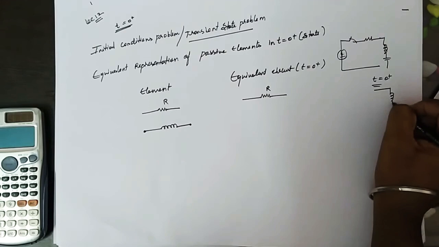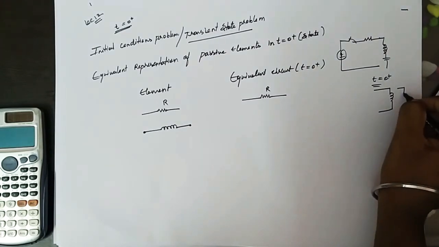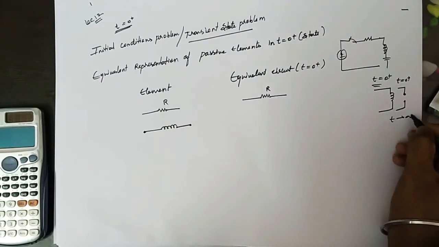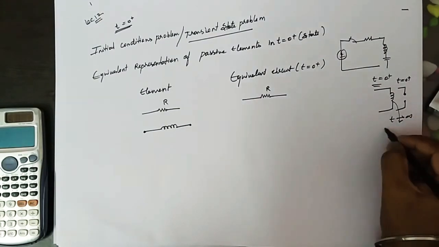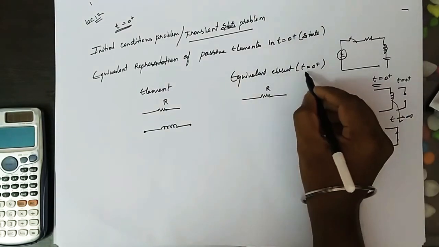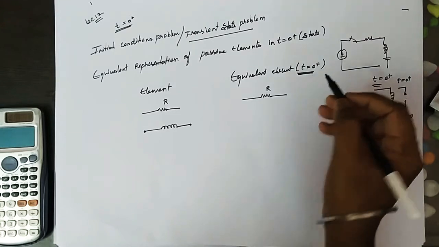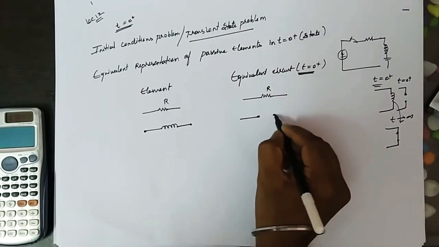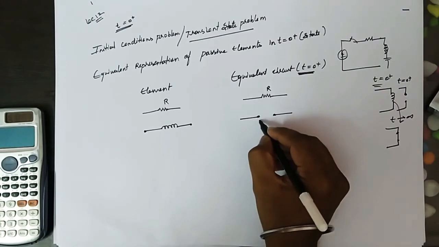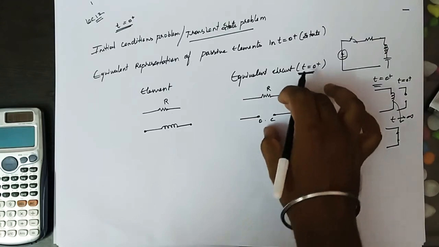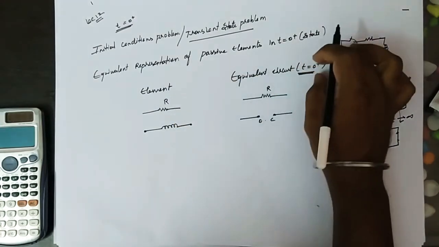So the inductor behaves as an open circuit at t equal to 0 plus. At t tends to infinity, the same inductor at steady state acts as a short circuit. Now we are dealing with only t equal to 0 plus, so this inductor will behave as an open circuit. This is the equivalent circuit of an inductor at t equal to 0 plus.